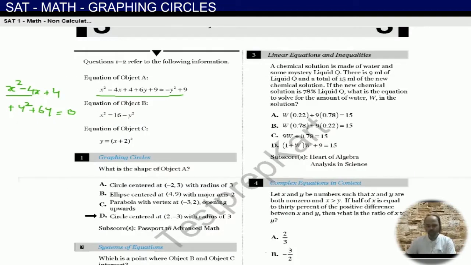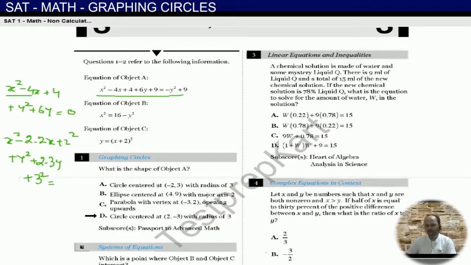So here we can see that x squared minus 4x plus 4 is going to be x squared minus 2 times 2x plus 2 squared. And if we write 6y as 2 times 3y, we should add 3 squared to the left hand side.